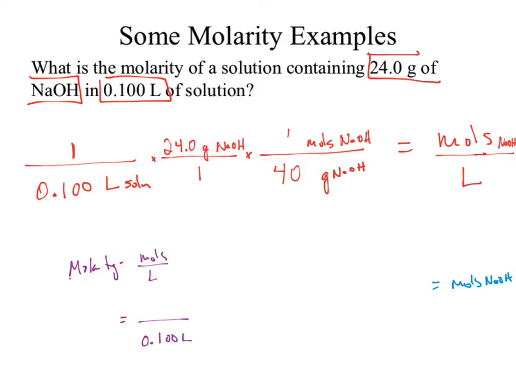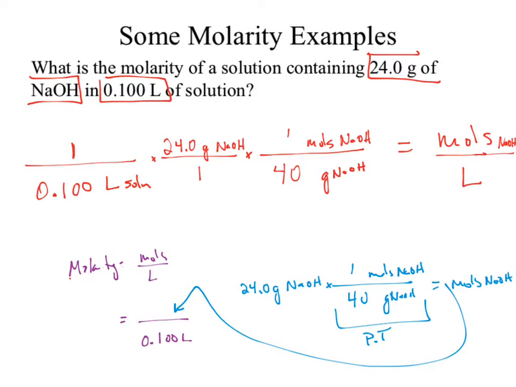What am I given about the sodium hydroxide? 24.0 grams of sodium hydroxide. How do I convert grams of sodium hydroxide into moles of sodium hydroxide? Periodic table. So 24 divided by 40 gets me my moles. What can I then do with that mole value? I can place that into that equation and I now solve.